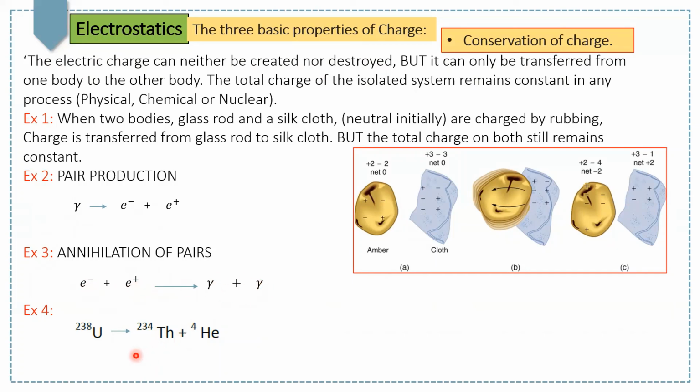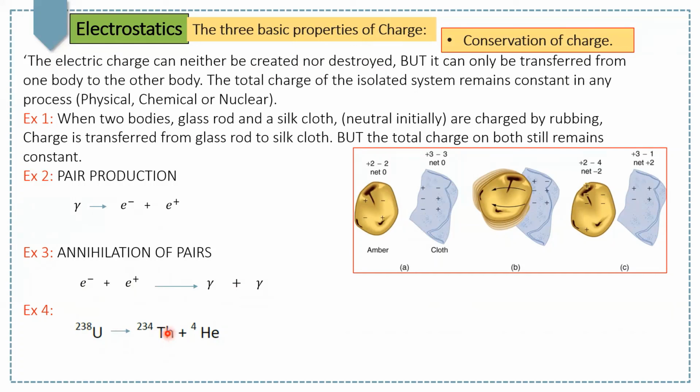Here is an example of the decay of uranium-238. The Z number of uranium-238 is 92. It means it has 92 protons. It means the charge is 92e. The thorium has Z number 90.